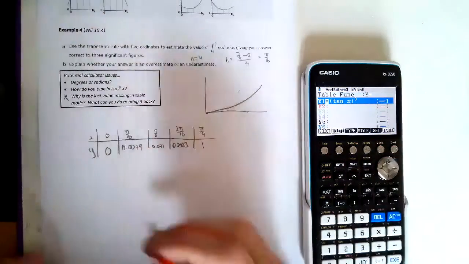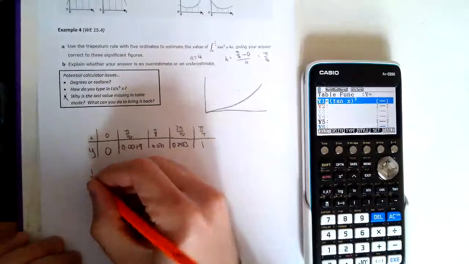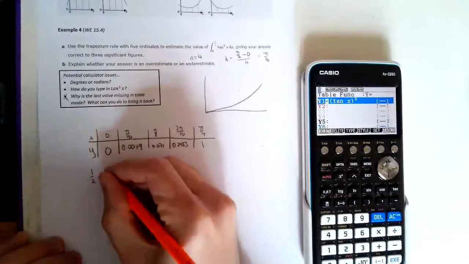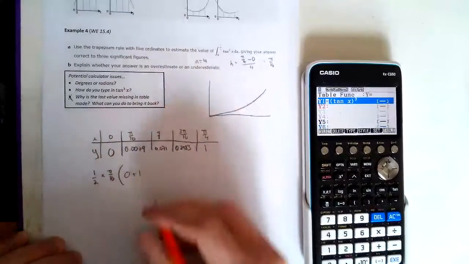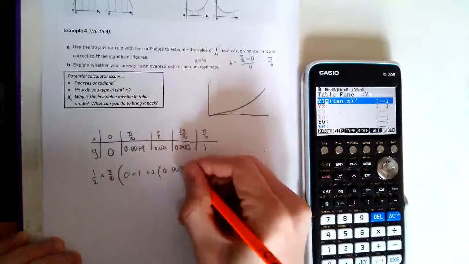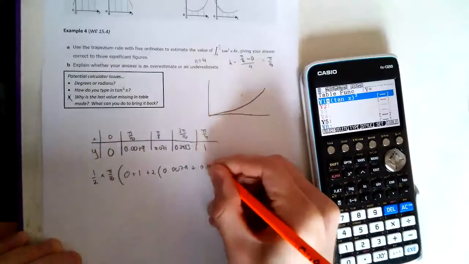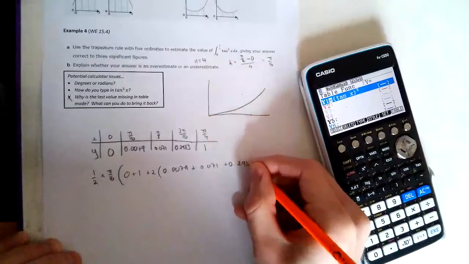Okay, so I've got those, and to use the trapezium rule, we're going to do half times h, times big bracket first add last, add 2 times the middle: 0.0079, add 0.071, add 0.2983.